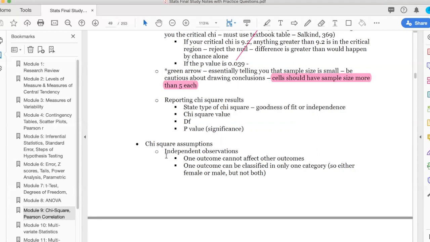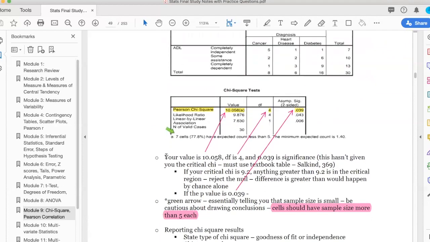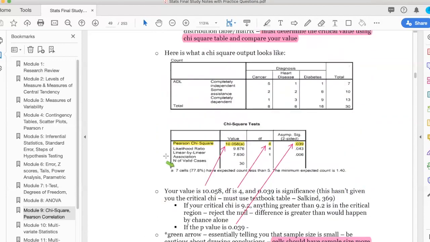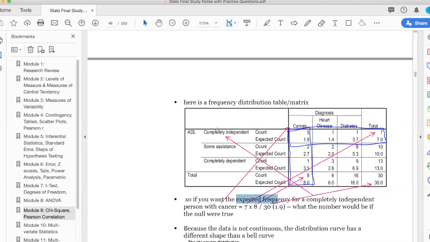And then independence is more about what's going on within this population. Is it a significant finding, right? Is there a significant relationship between two different variables? Does that make sense?